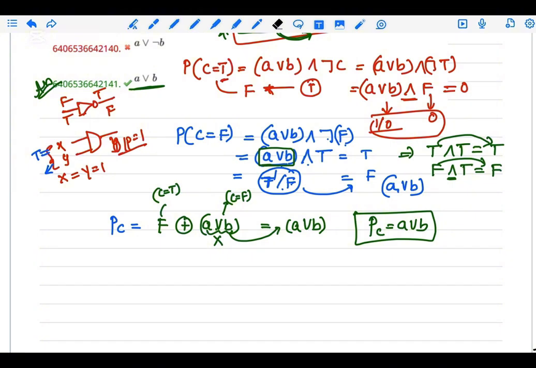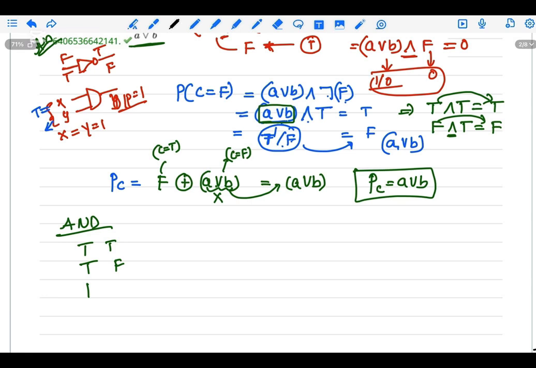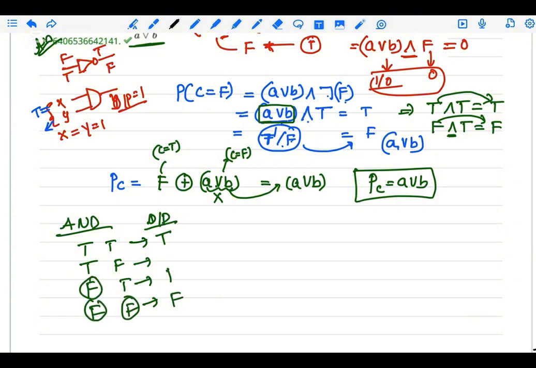In terms of true or false: true true, true false, false true, false false. If both are true, the output is true. If one of the inputs is false, the output becomes false. Its value changes with respect to the inputs.